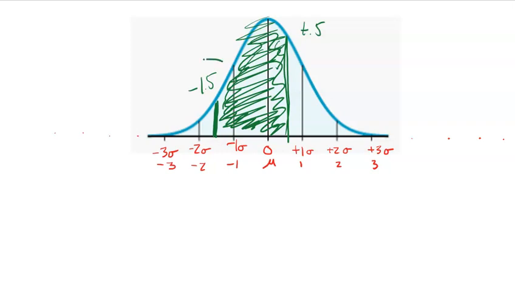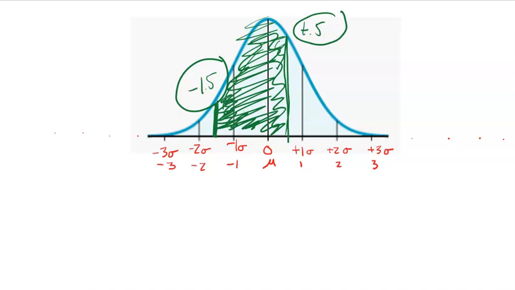So what is this -1.5? What is this +0.5? Those are z-scores. A z-score is how many standard deviations you are above or below the mean. So this shaded green area is anywhere from negative 1.5 standard deviations below the mean to 0.5 standard deviations above the mean. And that area could be looked at as the probability of being in that interval.